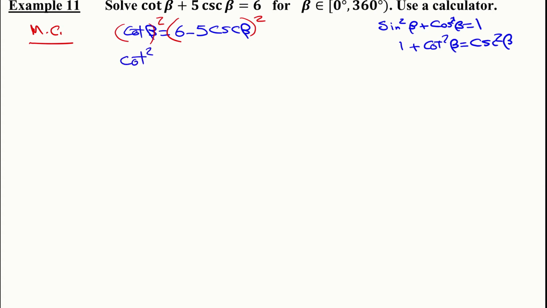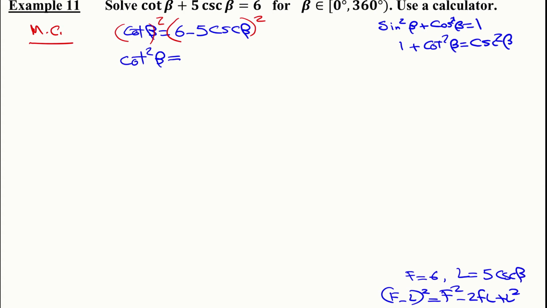All right, so we get cotangent squared beta equals, and we square that side using our rule, which is f minus l squared equals f squared minus 2fl plus l squared. F is going to be 6 and L is going to be 5 cosecant of beta.